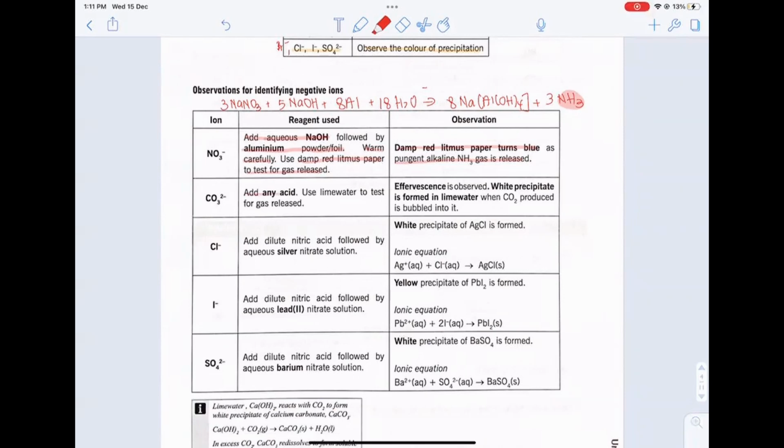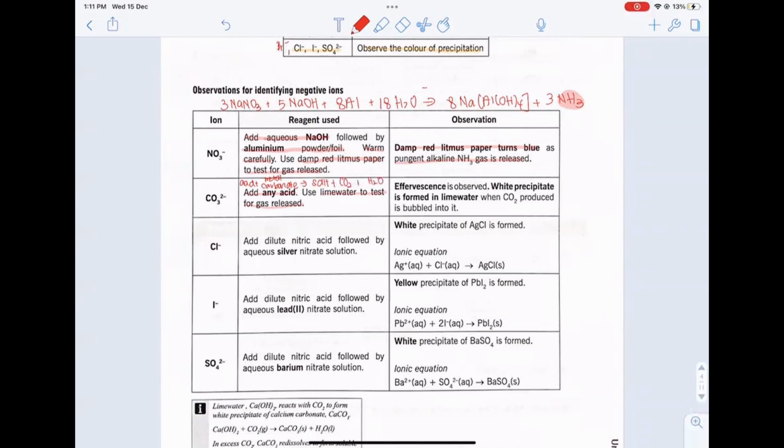Next, let's look at carbonate. For carbonate, you can add any acid and use lime water to test for the gas released. Why is that so? Because if you recall, acid plus any metal carbonate will give you salt plus carbon dioxide plus water.